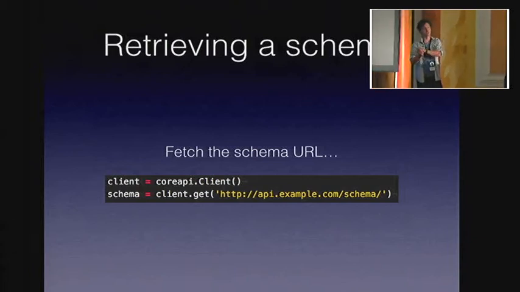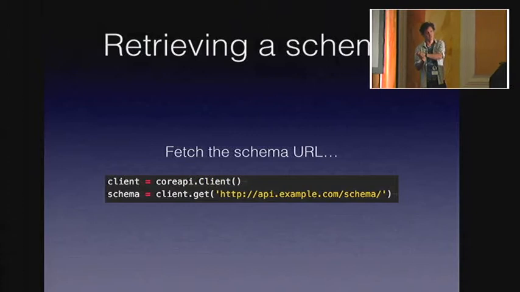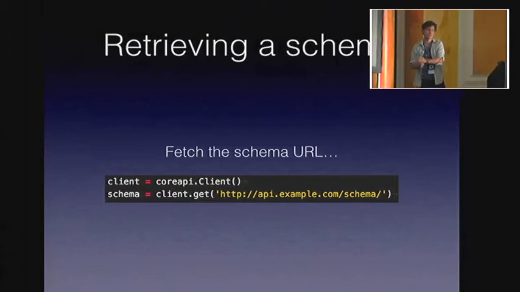That response has a content type and a bunch of content associated with it. So the transport is then responsible for inspecting the content type, seeing if there are any codecs registered that can handle that content type, and if there are, then handing it over to that codec, which decodes the content.